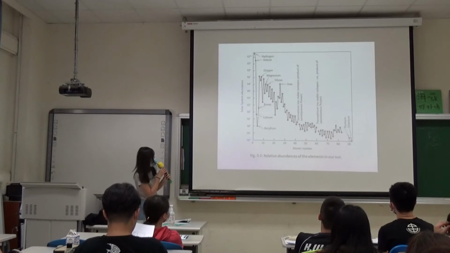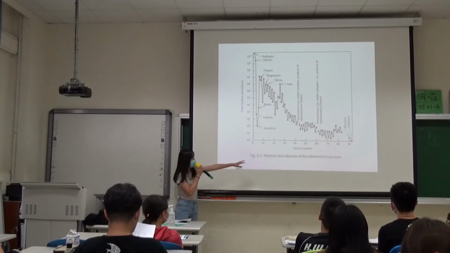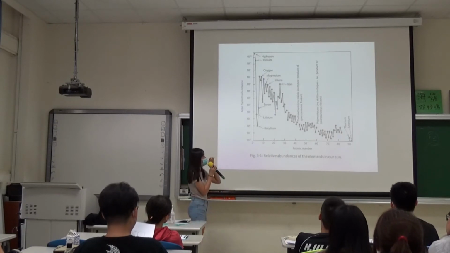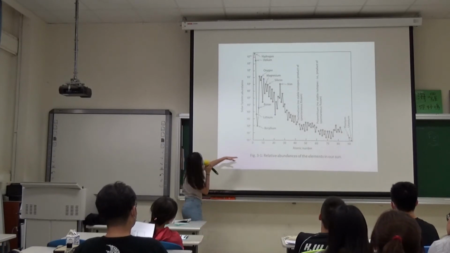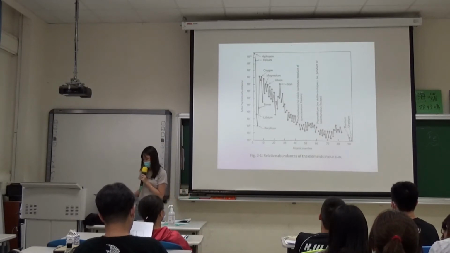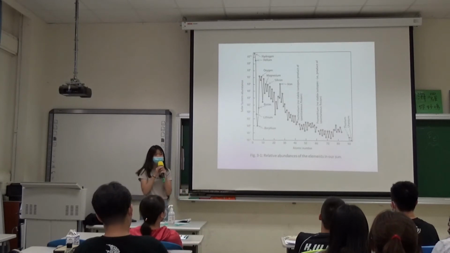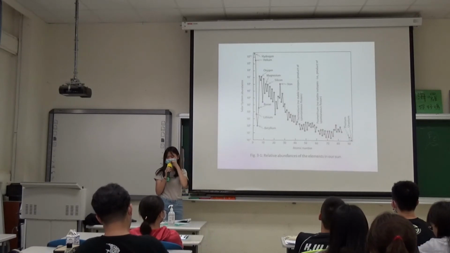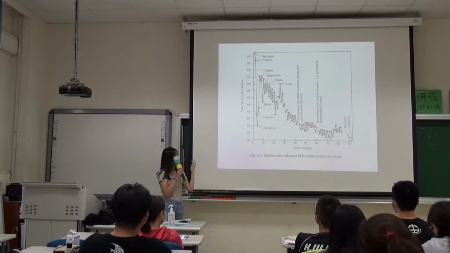This figure shows the relative abundance of the elements in our sun. The x-axis is atomic number, and the y-axis is solar system abundance. It's the same as the first graph, which was the abundance of the universe.